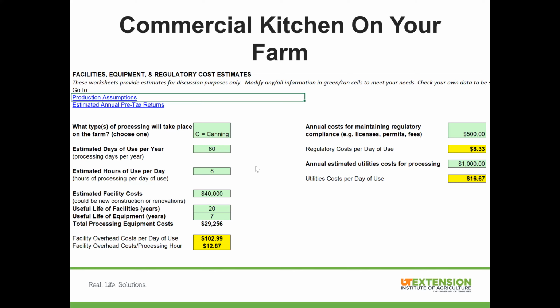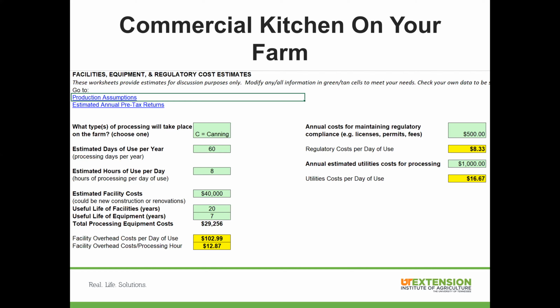Then we have plugged in a number for the estimated cost of the building, of the facility. So if we're having to build it from scratch, this would include everything. Or if we've got an existing building and we need to make some renovations, modifications to it, whatever the cost of that would be, we would plug that number into this cell. In this case, we've said $40,000 for the facility.